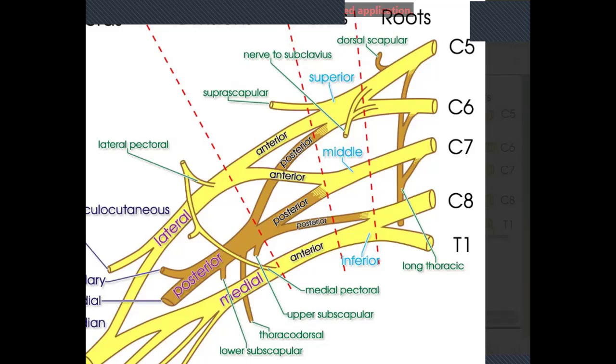Another thing, the long thoracic nerve, this one, which supplies the serratus anterior muscle, can also get injured during mastectomy or any breast cancer surgery, along with the lateral thoracic artery.